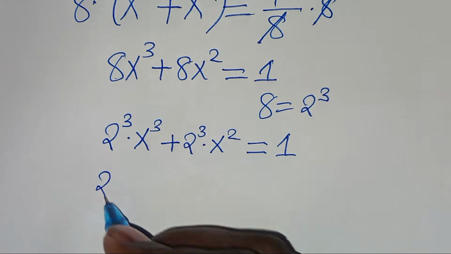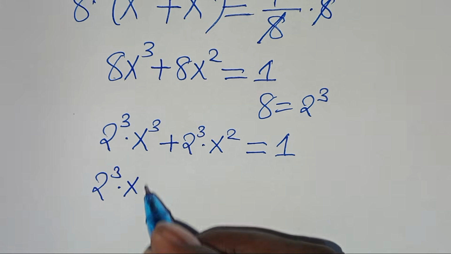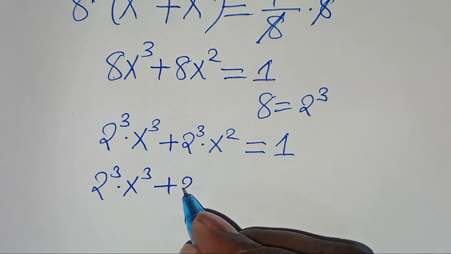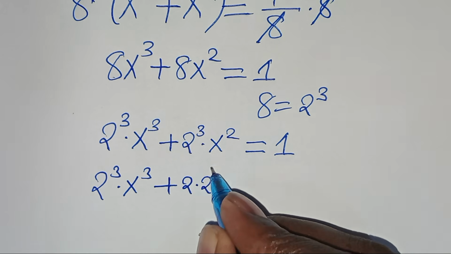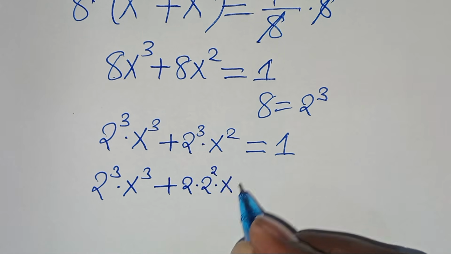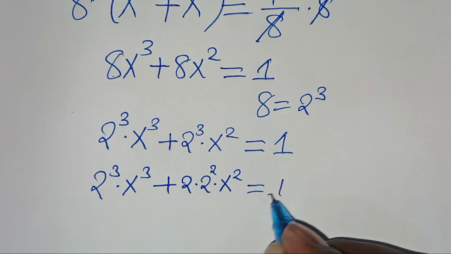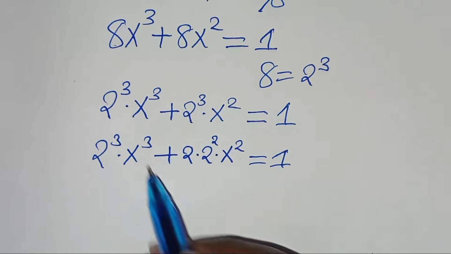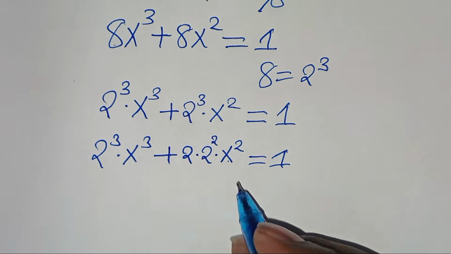So we have 2 to the power of 3 times x to the power of 3 plus, we can express 2 to the power of 3 as 2 times 2 to the power of 2, multiplied by x to the power of 2, equal to 1. We have 2 to the power of 3 times x to the power of 3 and 2 to the power of 2 times x to the power of 2.